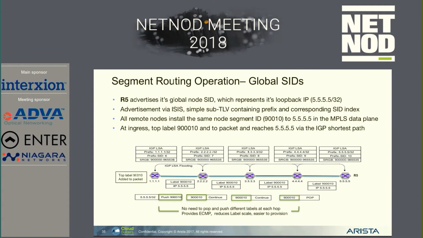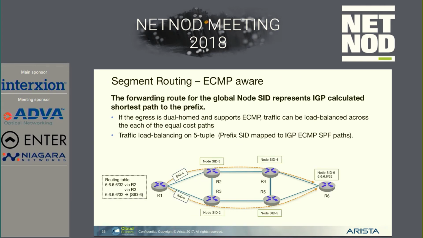So the SID is unique in the network, but there's no need for any advertisement of labels in between. So you take away all those LDP and RSVP riffraff, where you're typing something and you get 4 or 5 A4 pages of all the labels you have in your network. So let's see how it works.